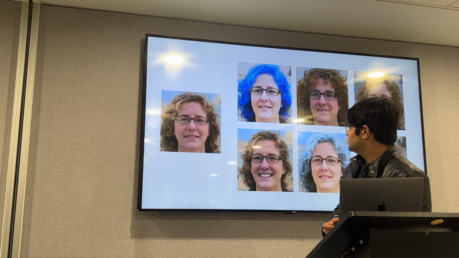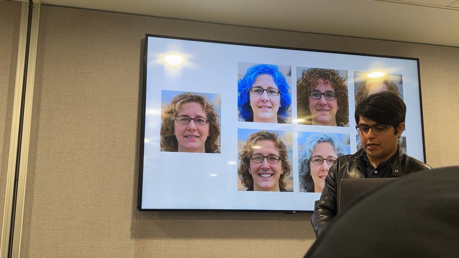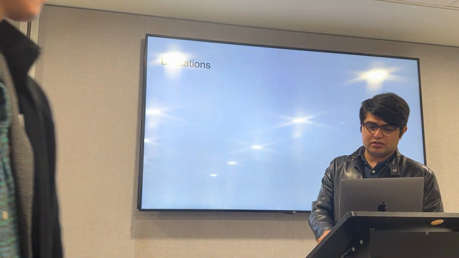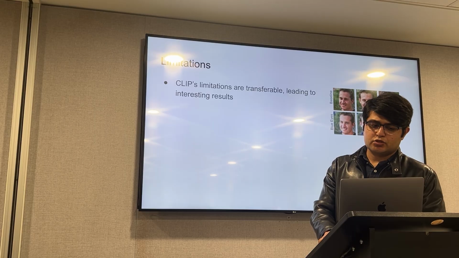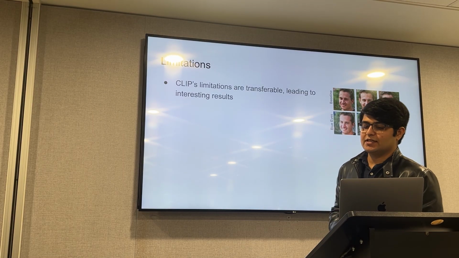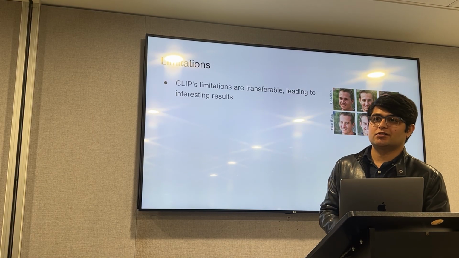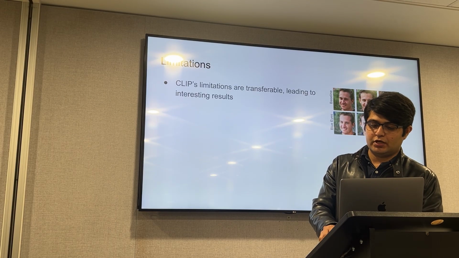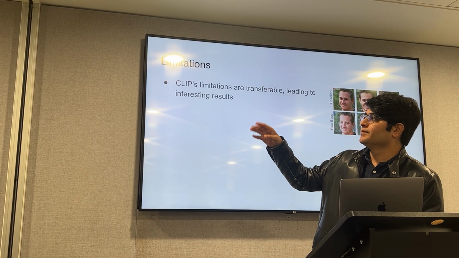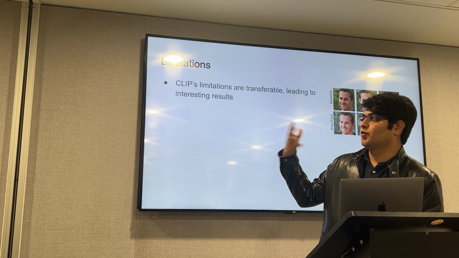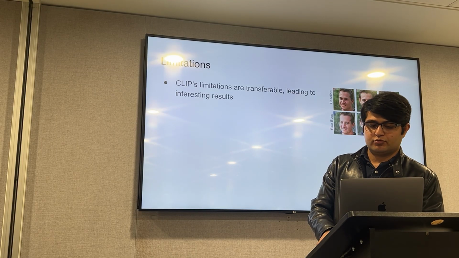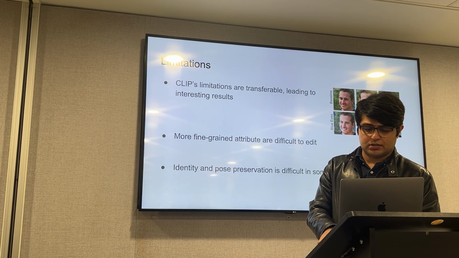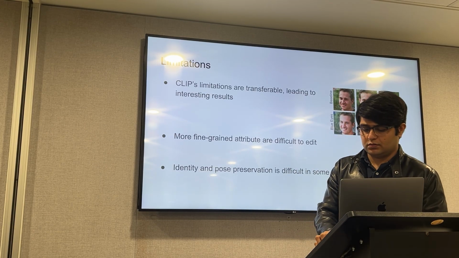This is a 3D image, and finally I'll go through one last thing. One interesting result is that CLIP's limitations are also transferable to our method. For instance, if we look for blue eyes, the GAN also makes them brighter. That's one interesting observation, and I'll skim through it for now.